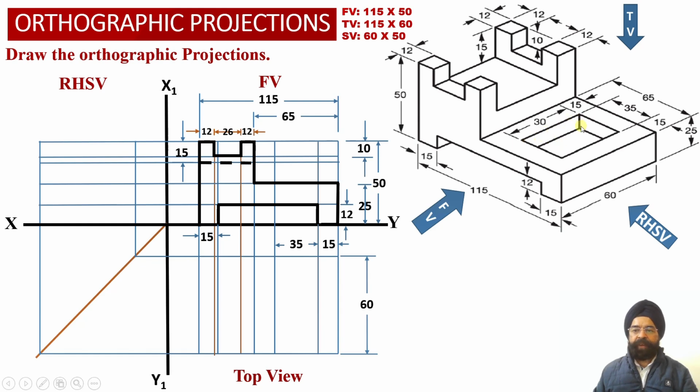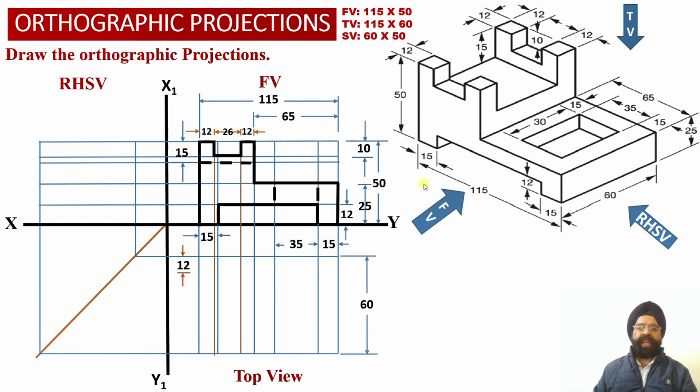Similarly, these two vertical faces corresponding to this rectangular slot will also not be visible to the observer from the front view orientation. So now corresponding to this width of 35 millimeter, we can check this width happens to be 35 millimeter. So corresponding to these two vertical faces, we are able to obtain hidden line projections corresponding to this rectangular slot being obtained into the front view projections over here.